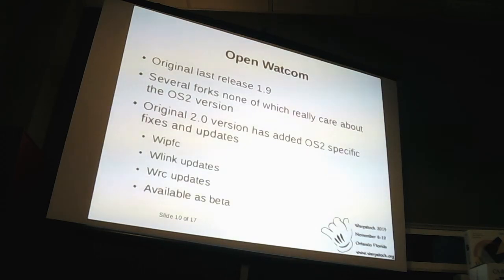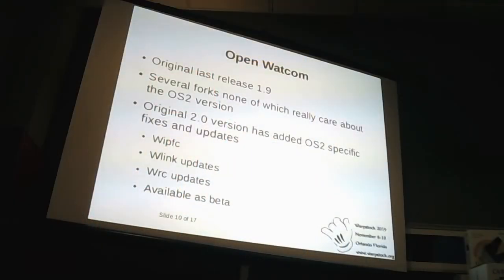The original version, the one that was open sourced years ago, its last release was 1.9, and I think that was 8 or 9 years ago. Several of them have been forked with a 2.0 release. Part of the problem with the forks is that it's not really very clear if anybody who cares at all about OS2 has anything to do with them.